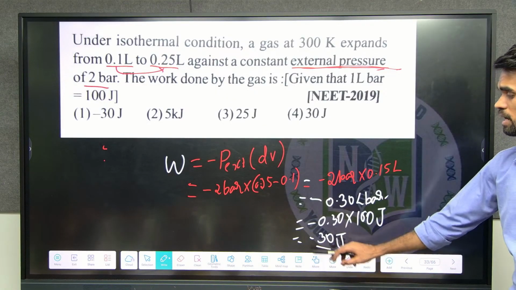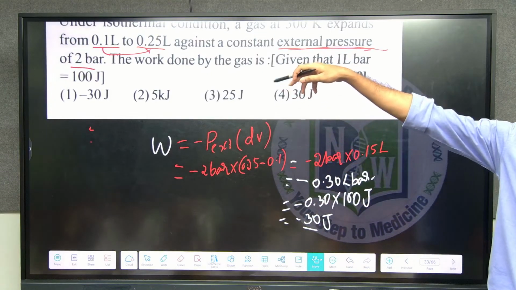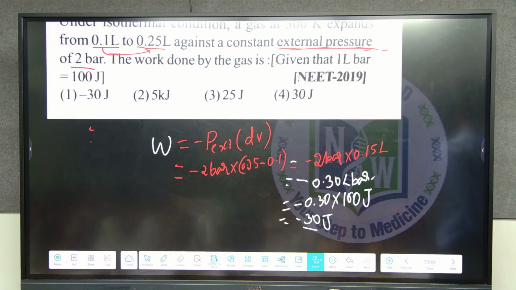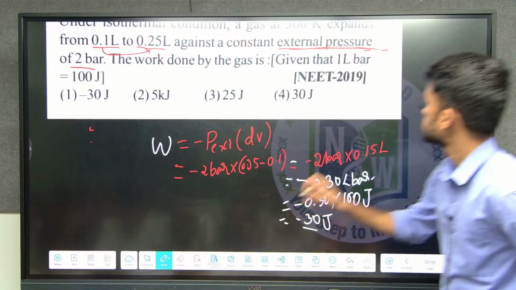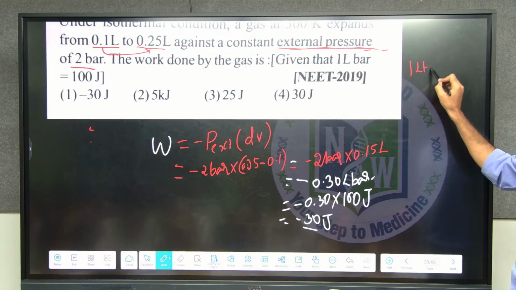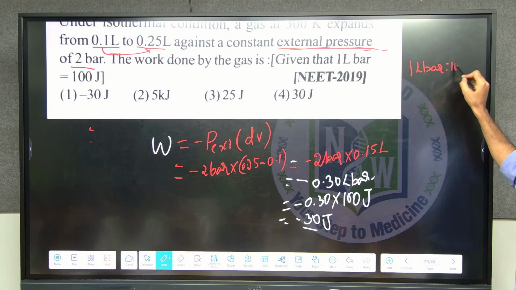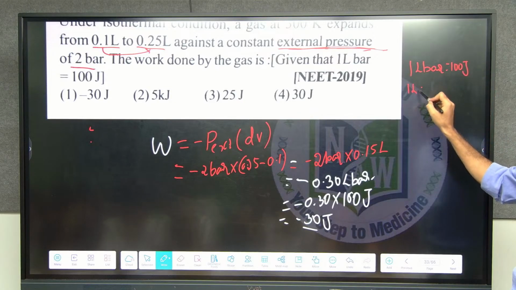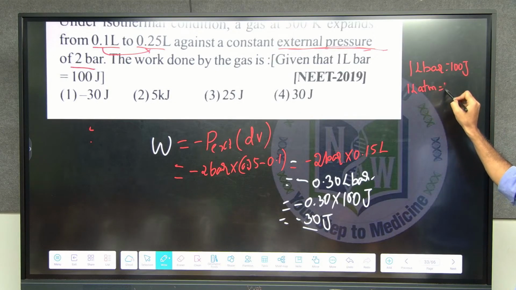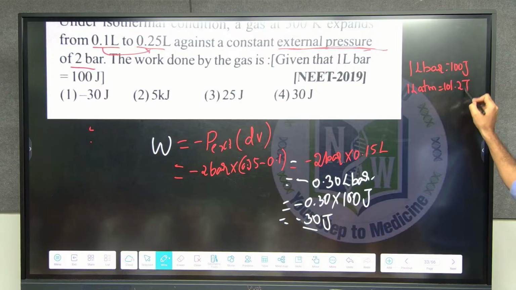So 1 liter bar, how many joules? Remember that value. One more relation you can also remember. 1 liter bar is 100 joules. 1 liter atm is 101.3 joules.